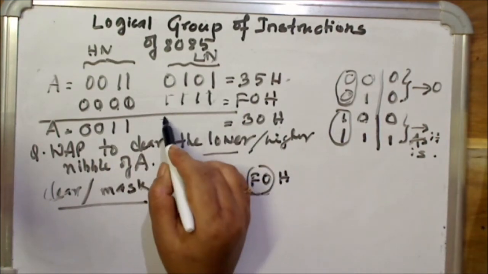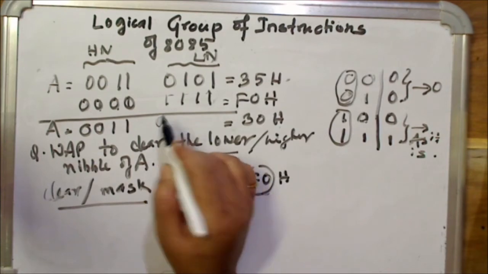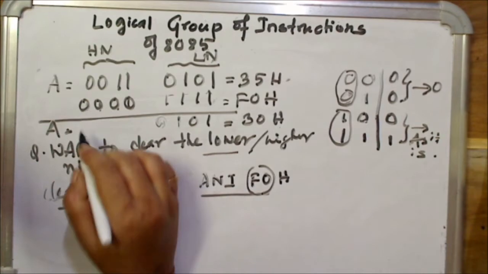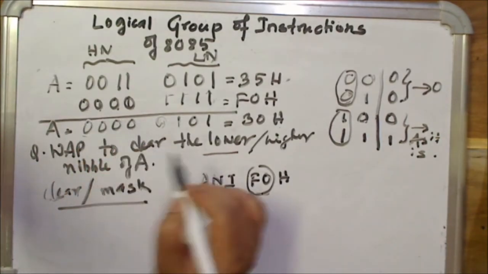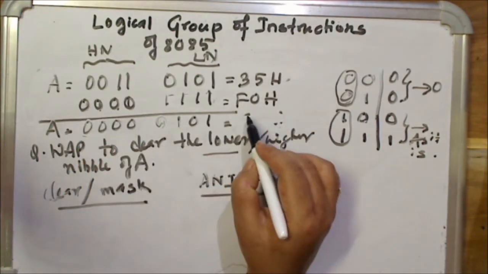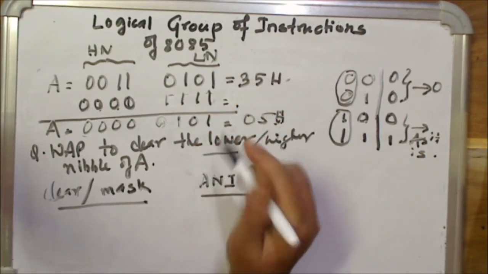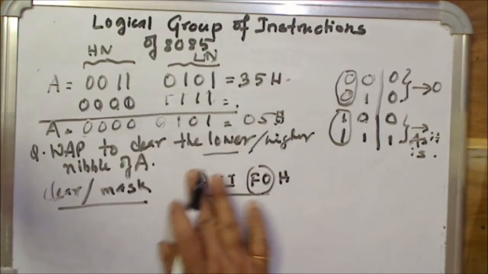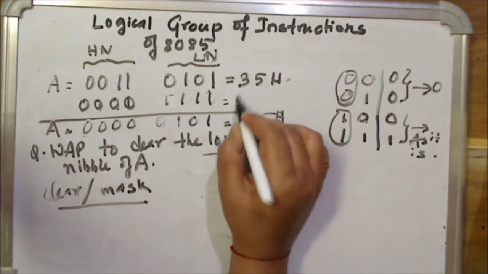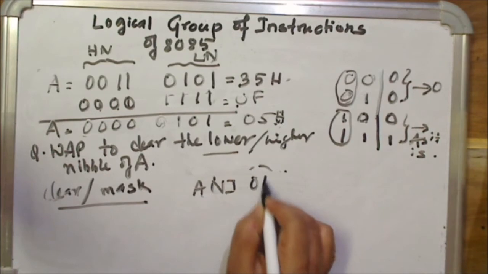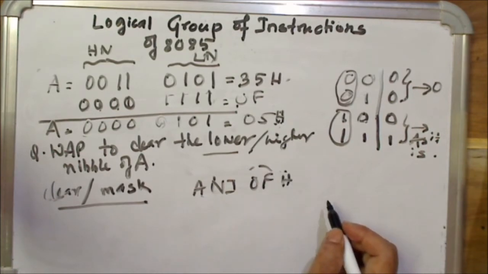So the result will be 0 1 0 1 and this will become 0 0 0 0, that is, your result will be 05H. And the instruction will be ANI 0FH. So I hope it is clear.